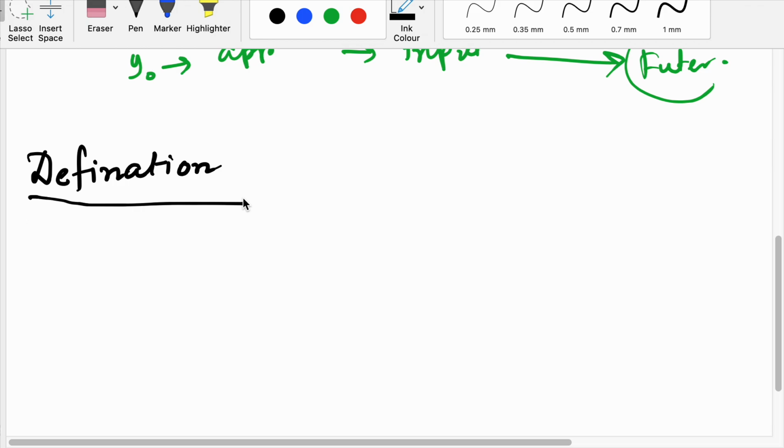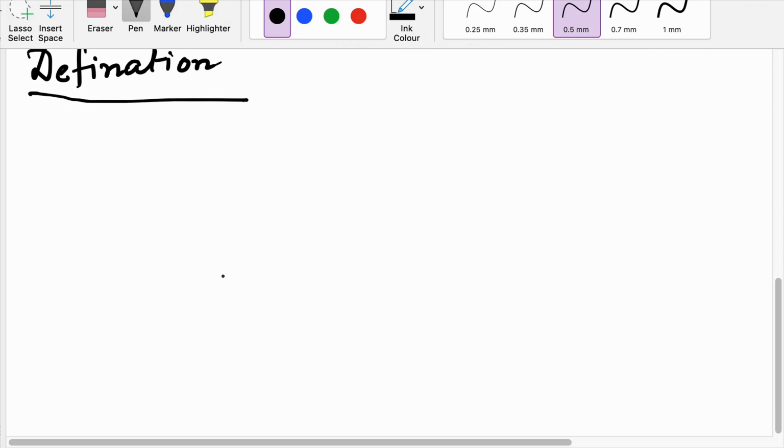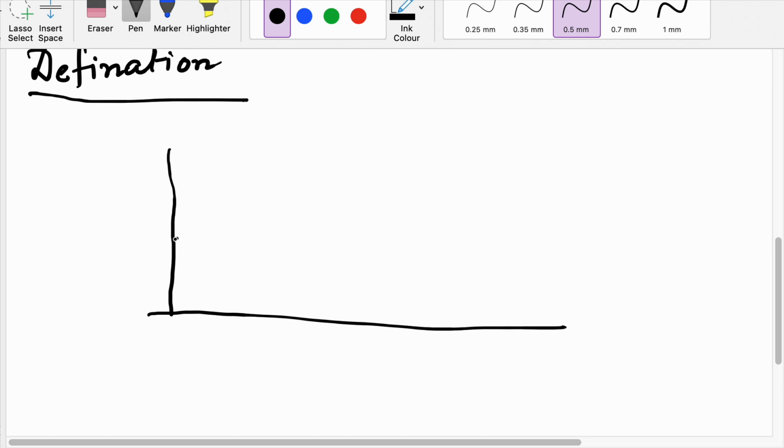Suppose we start from two very close initial conditions, one is x0, one is y0, and the iterates look like these.